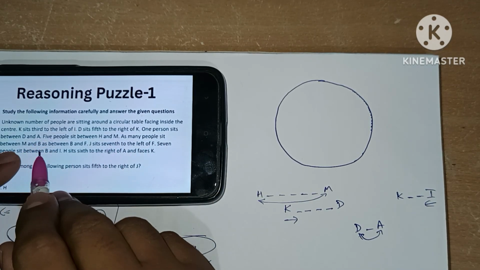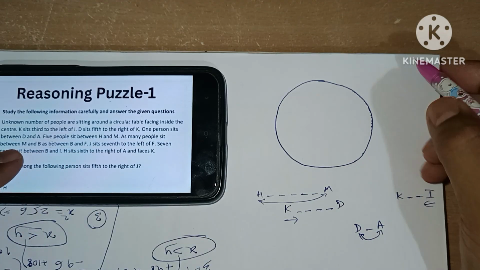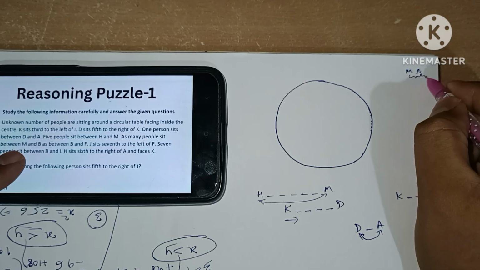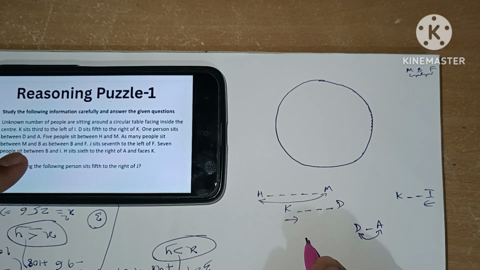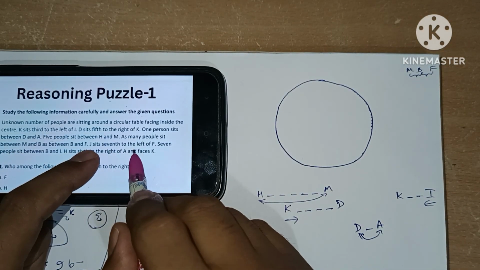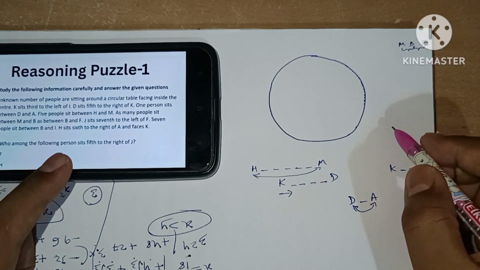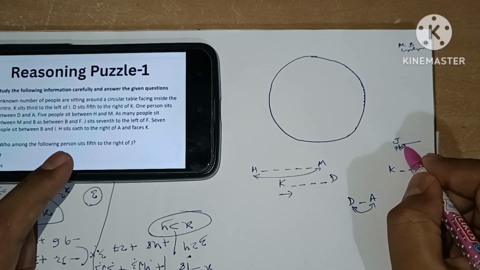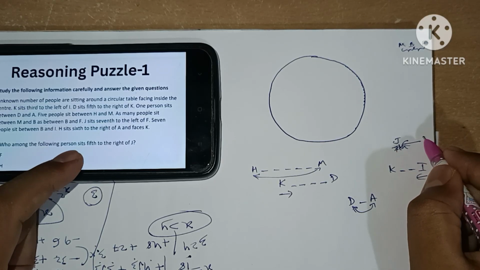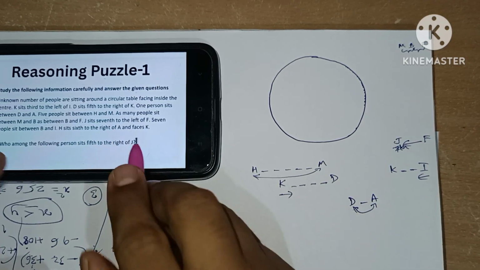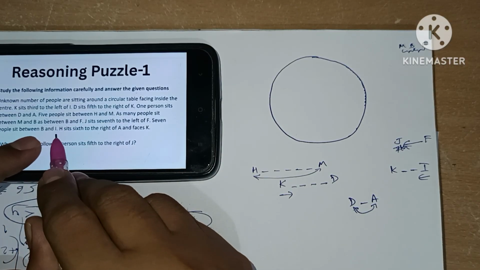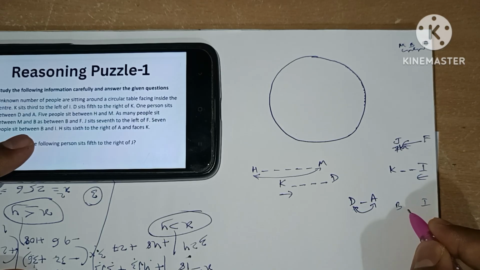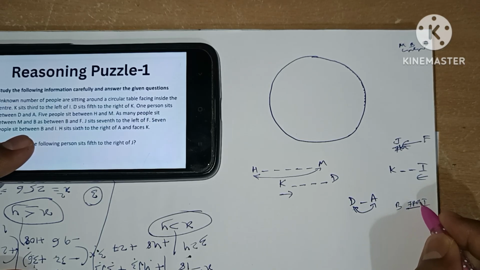As many persons sit between M and B as between B and F. J sits 7th to the left of F. 7 persons sit between B and I.